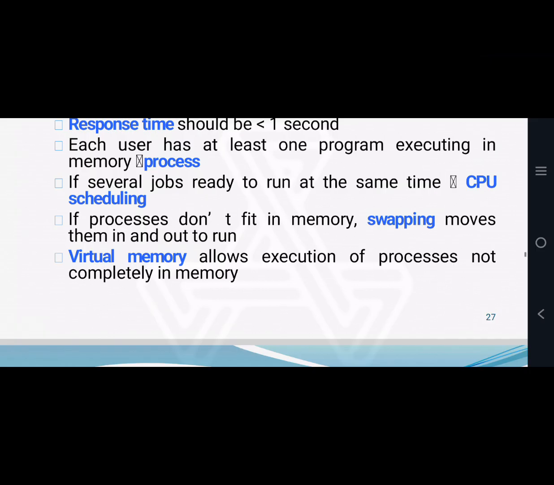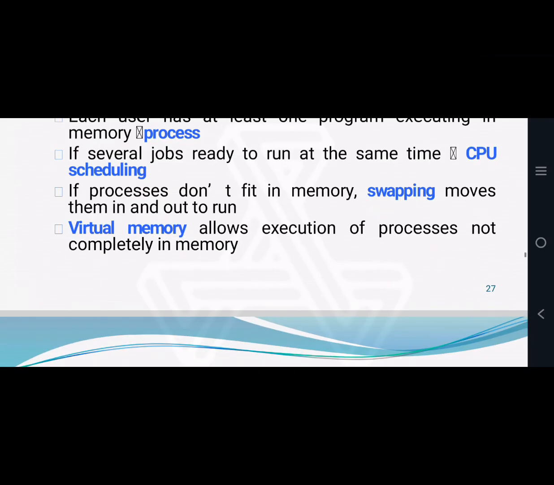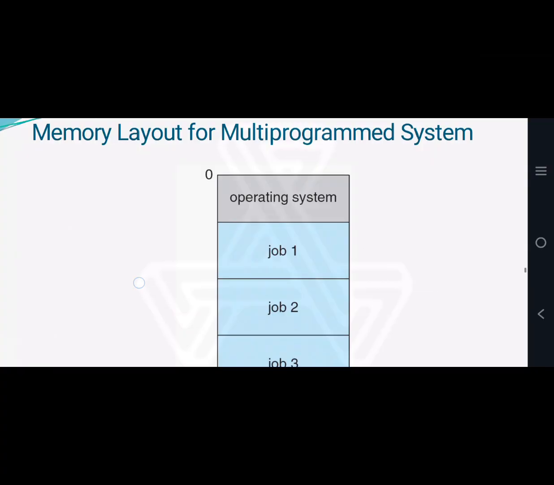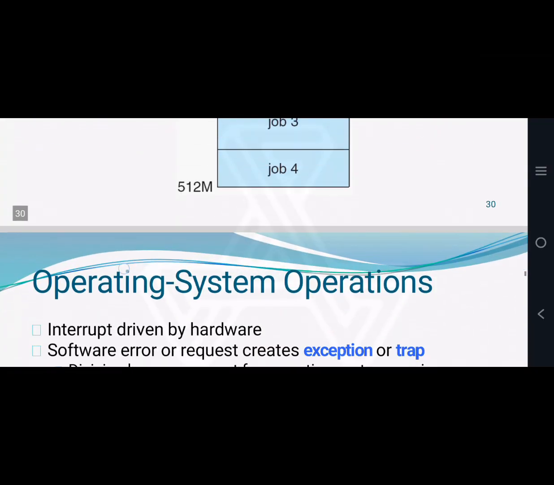If several jobs are ready to run at the same time, CPU scheduling is used. If processes don't fit in memory, swapping moves them in and out to run. Virtual memory allows execution of processes not completely in memory. Memory layout for a multiprogrammed system: operating system, job 1, job 2, job 3, job 4.